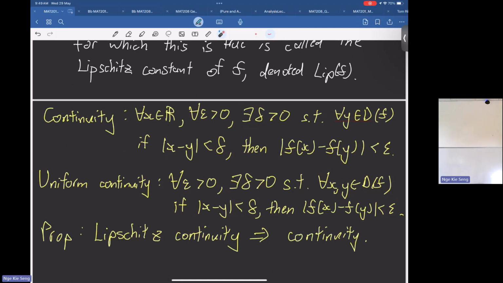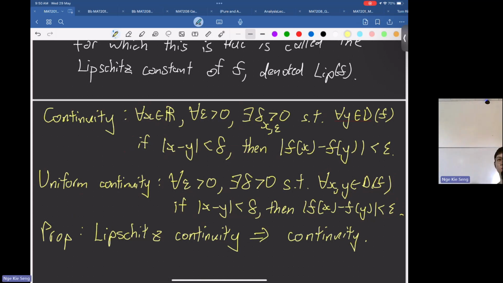So what happened with the delta we choose? A fixed delta, yes, a delta for an x. I fix x first, then there exists a delta. So this delta depends on x, and maybe also depends on epsilon. Correct or not?